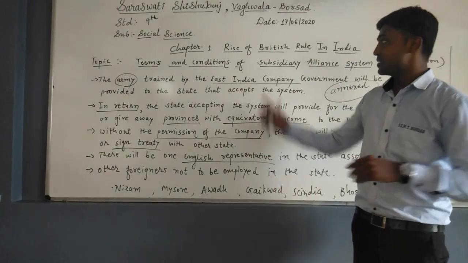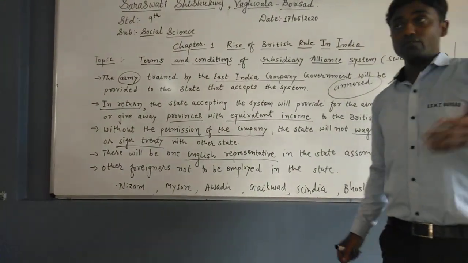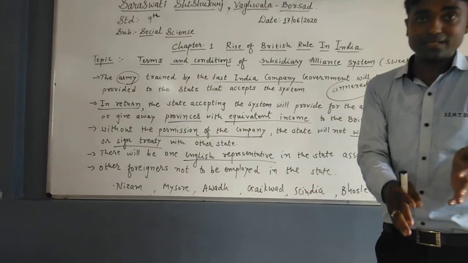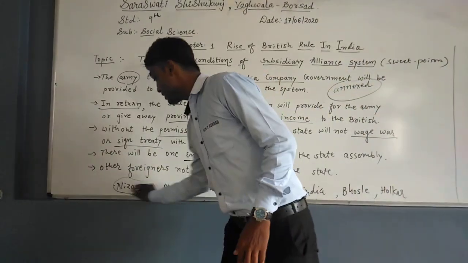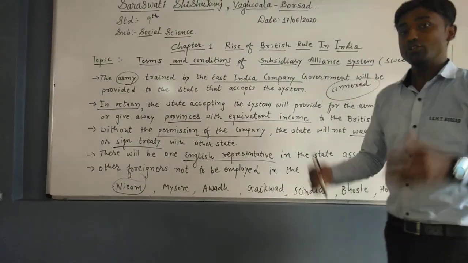He did not accept this subsidiary alliance system, and that is why war was declared with the support of Nizam. It means the Britishers got the support of Nizam; Britishers and Nizam joined together and united.